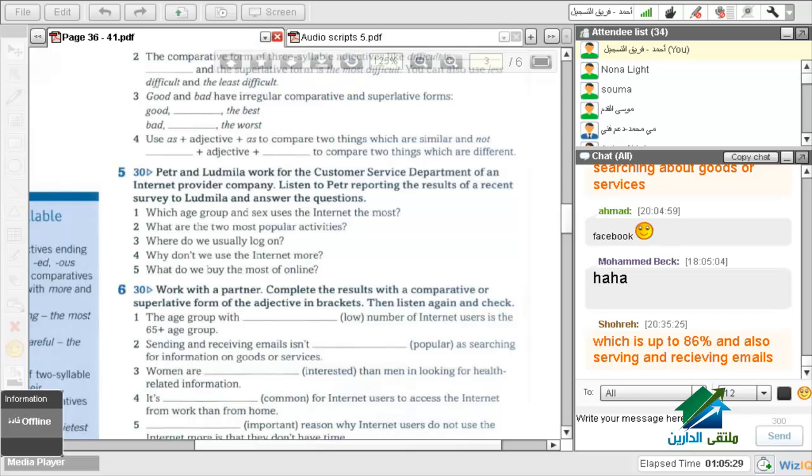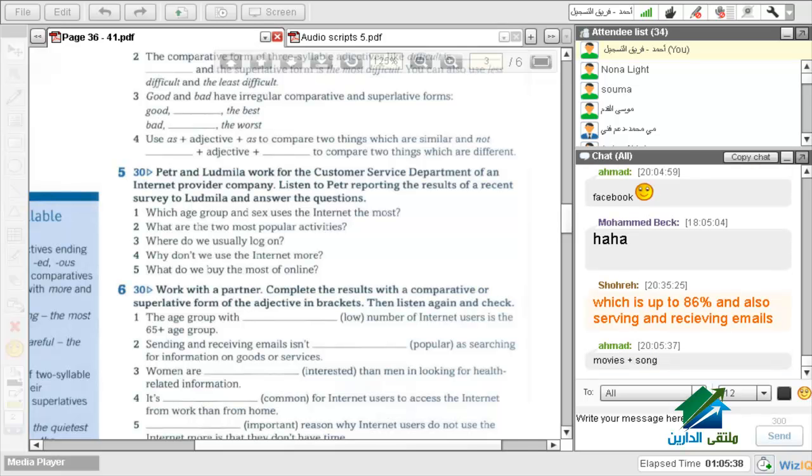The most popular activity is searching for information. That's a good answer. The second, Ahmed, movies and songs. Good. So the second most popular activity is, this is only in Arabic, in the Arab world, sending and receiving emails at 85%.